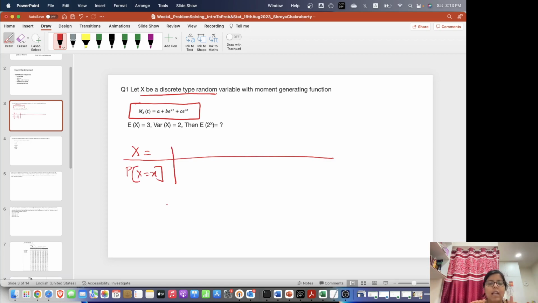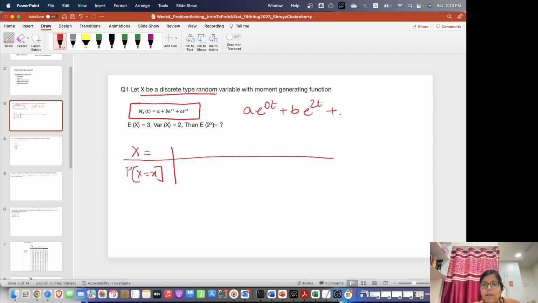So how many values can x take on? That we'll get to know by looking at the coefficient of t in e to the power these terms. So here we can look at it as a into e to the power 0 into t plus b e to the power 2t plus c e to the power 4t.